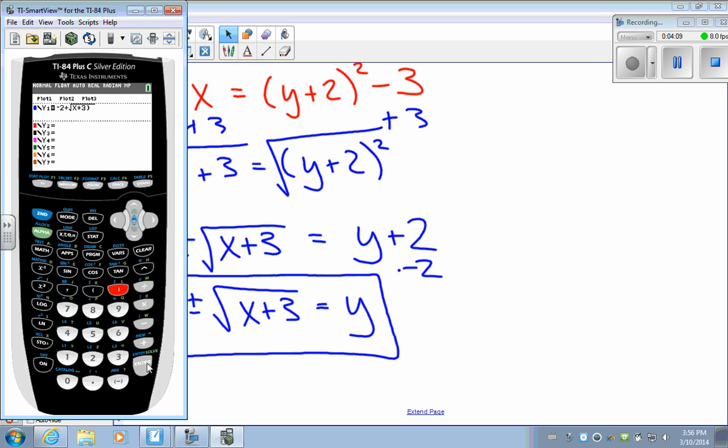And then I'm going to do y equals -2 minus the square root of x plus 3. And then I would just take a look at that graph and make sure that it's what my partners had graphed, and sure enough, that's interesting. It graphs both the positive and negative. So that's how I would do that one.